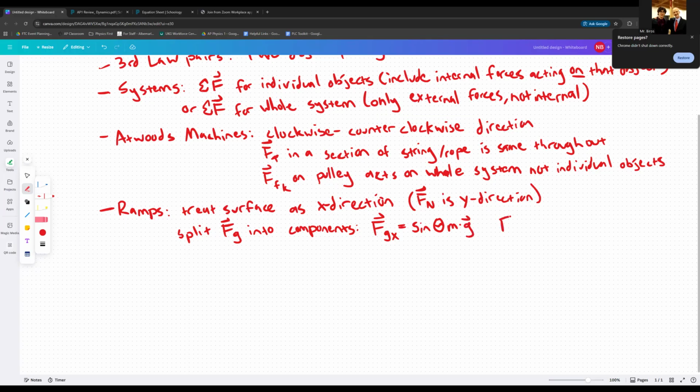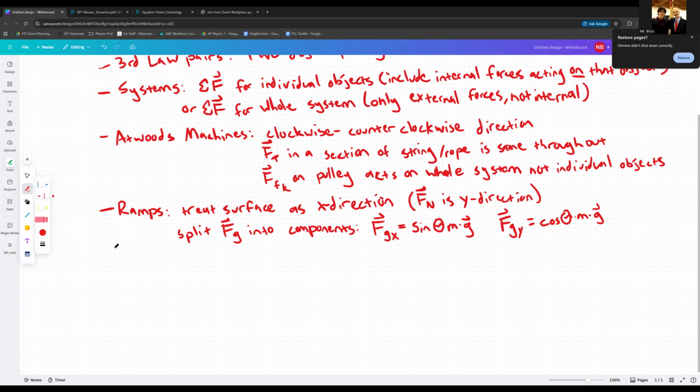And FGY, the part of gravity pulling the object directly into the surface of the ramp, uses the cosine of the angle theta at the bottom of the ramp times mg, the total force of gravity. So just keep those in mind because they're swapped from what we often have, cosine for x, sine for y, but they are different here.